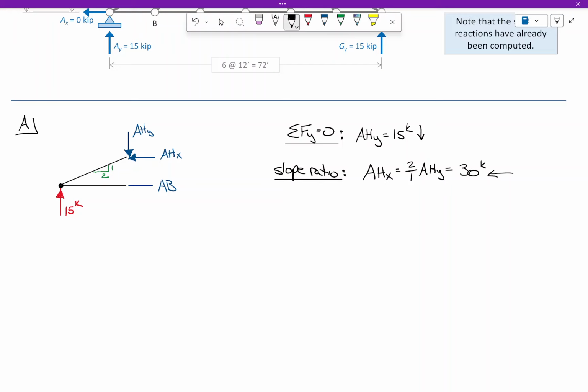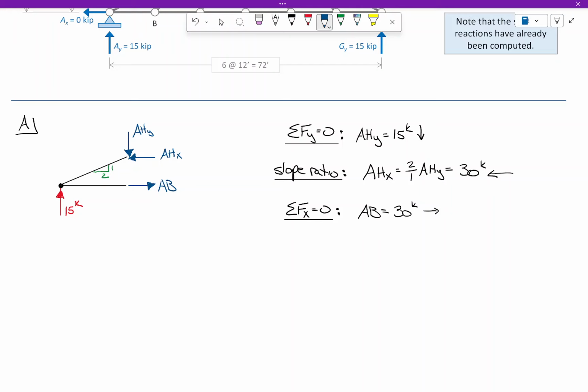Sum forces in the X direction. That'll give me AB, and that's what? 30 kips going to the right, or in tension. And that's going to be the next point. Exactly right.